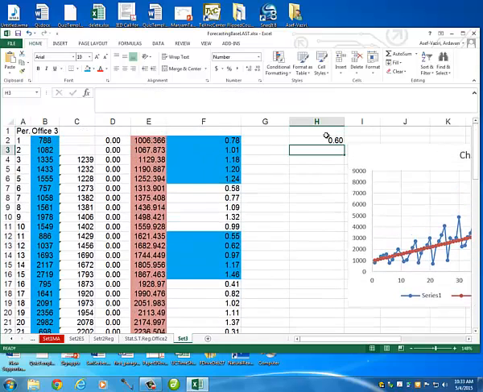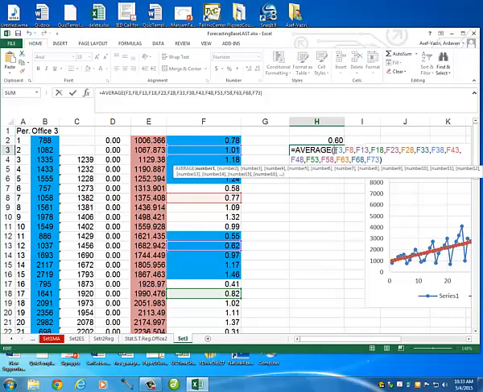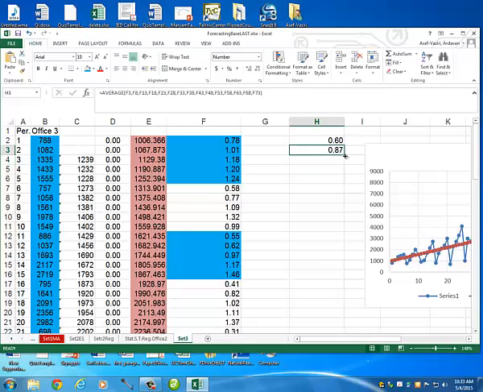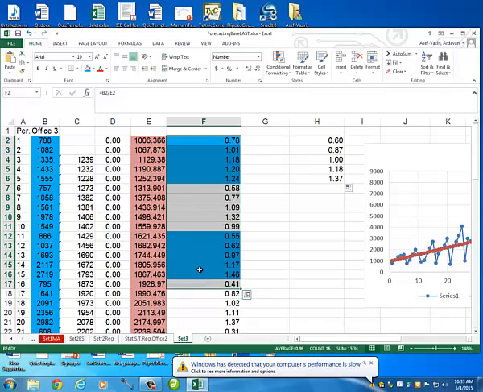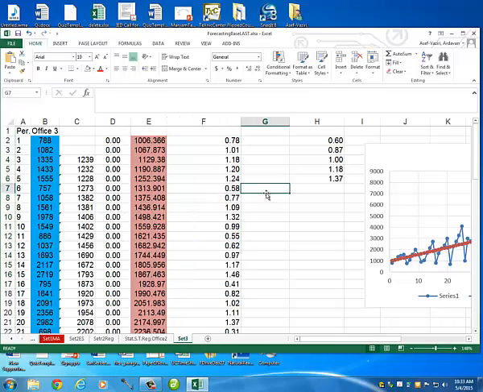A little time consuming, but the good news is this: if I copy it down, it will automatically go to period 2. If I copy it down, it will go to period 3 and 4 and 5. But this was not a very efficient procedure. I clear this one.